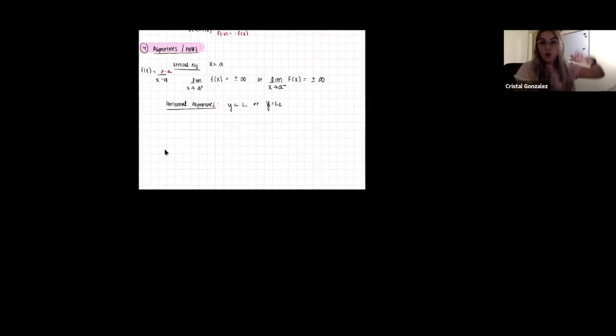Remember that a horizontal asymptote is if we have some function like this, then this is considered a horizontal asymptote right there. And that's because let's say the function looks like this. As the function approaches positive infinity, it approaches this line. Let's call this line L1. So our horizontal asymptote is on a y equals line. It's a horizontal line, and that line is always on y equals.